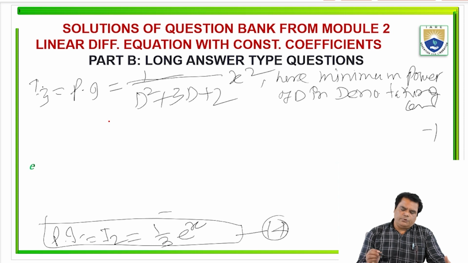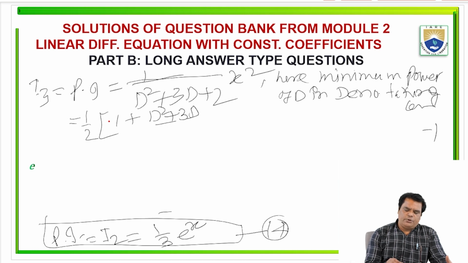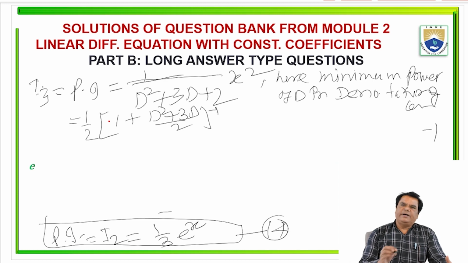Taking common, okay, the minimum power is 1 upon 2. 1 upon 2 is taken common. And here is 1 plus (D squared plus 3D) upon 2, whole to the power minus 1. This is taken in the numerator, so x squared. Now open by binomial.